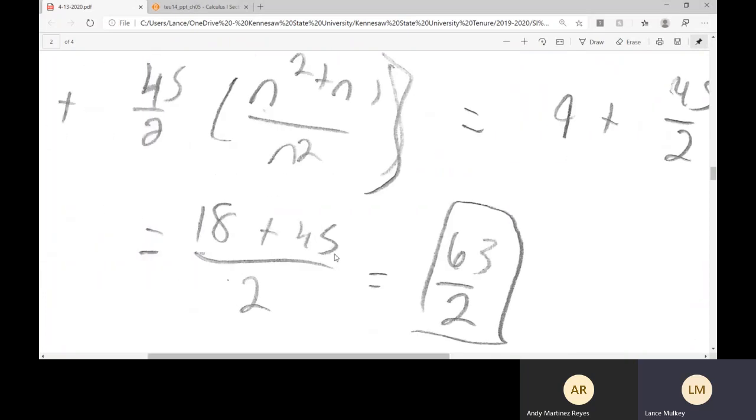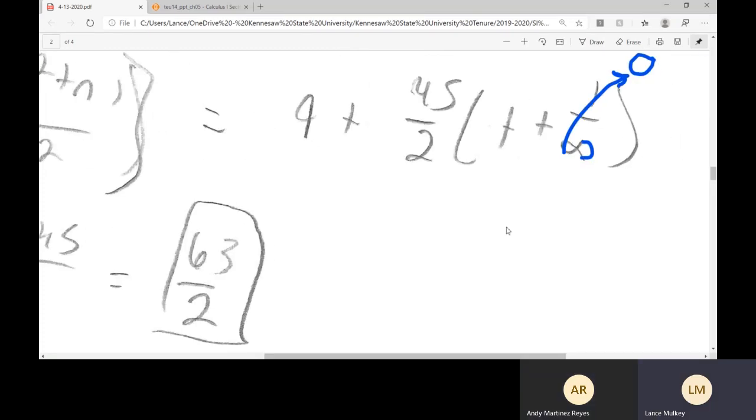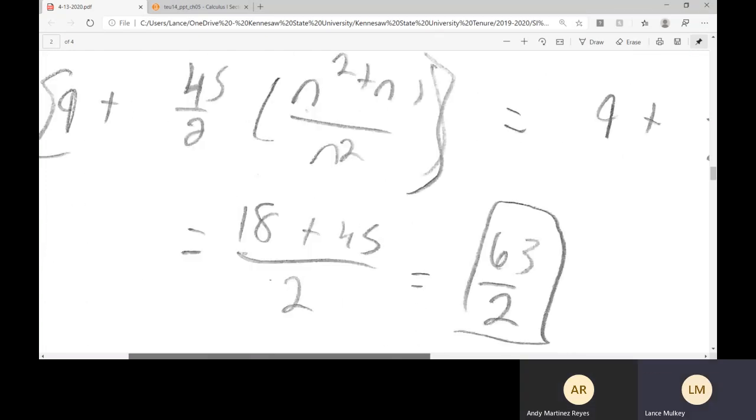So you end up with 9 plus 45 over 2. 9 is 18 over 2, so you add those two together and you end up with 63 over 2. Don't forget you're multiplying these two, not adding them. So since that's just 1, you're just multiplying it.